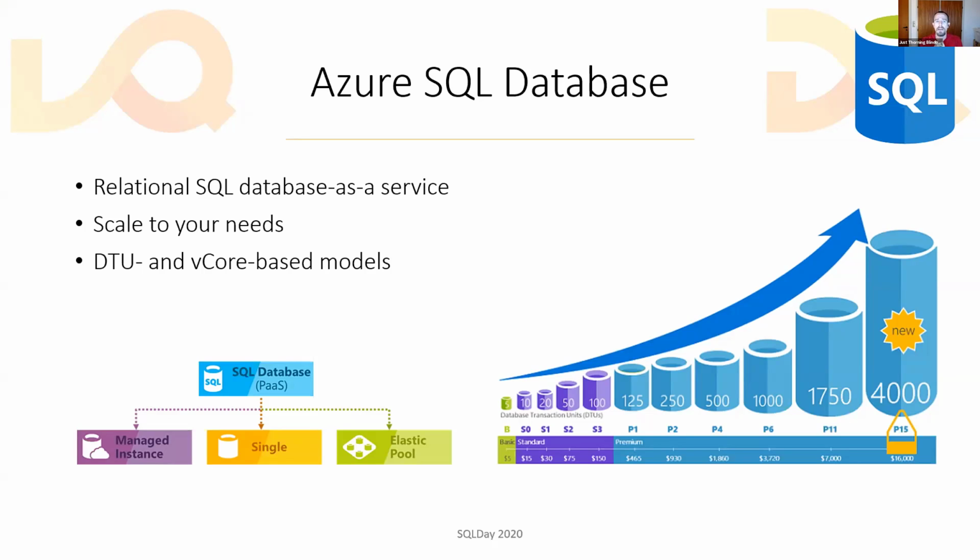But you can also have a vCore based database that is more like you know it, performance wise, from your SQL on-prem system. In my scenario, I'm just using the DTU based with the number of rows I have.